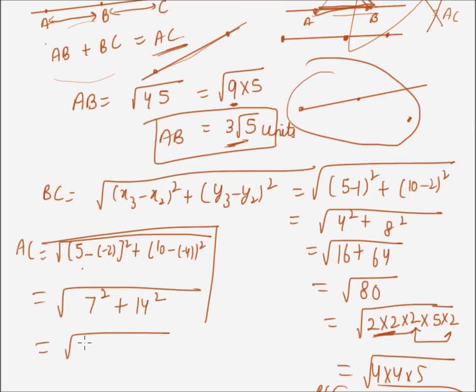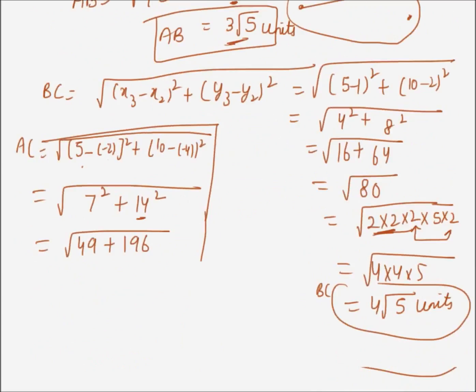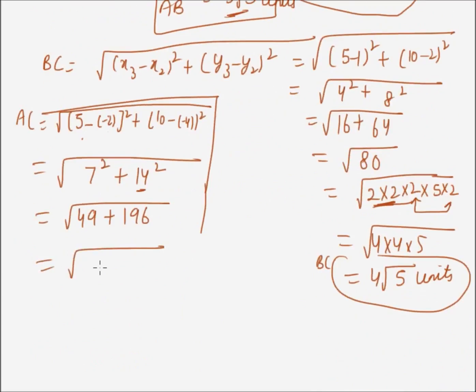So it will be 49 plus 14 square, that is 196, or we will have 245.